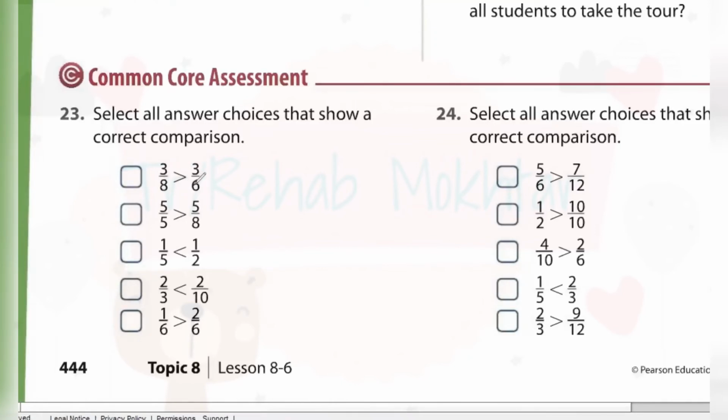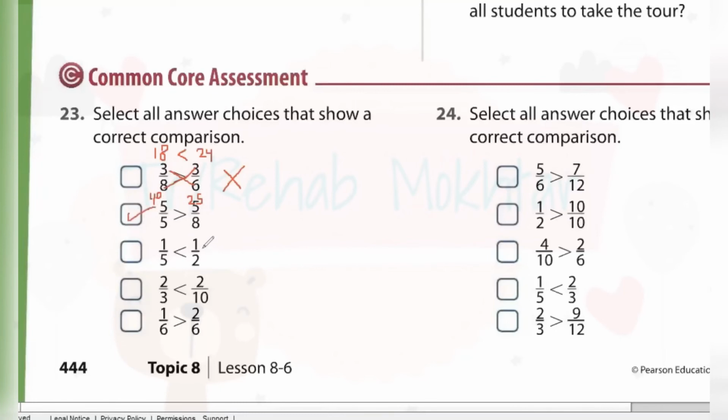I will use the scissors like this and decide. 6 times 3 equals 18. 8 times 3 equals 24. 24 is more, so this is wrong. 5 times 8 equals 40. 5 times 5 equals 25. 40 is more than 25. Yes, this is correct.